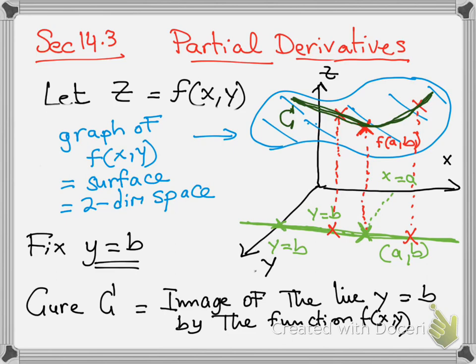So what I'm saying, guys, basically is, you have this line y equal to b. Here's my point (a, b), where x is a and y is b. Y is fixed here.